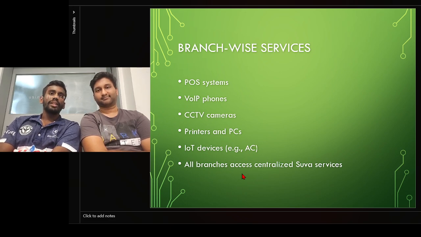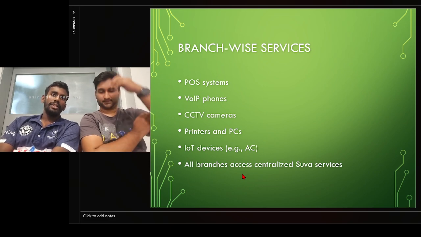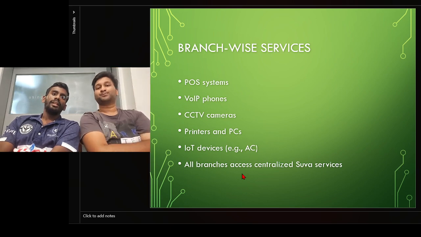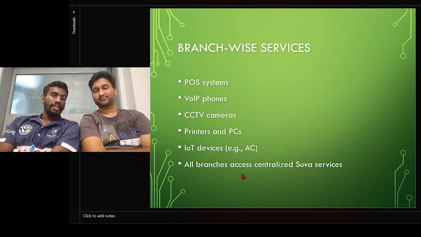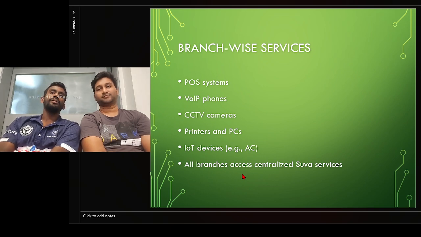Even for VoIP phones, there is its own dedicated server in the server room, as well as for the CCTV cameras, which stores all the camera feed and footage in the server room. Printers and PCs are the end devices at each branch. Each branch has its own number of PCs and printers, depending on their workload.